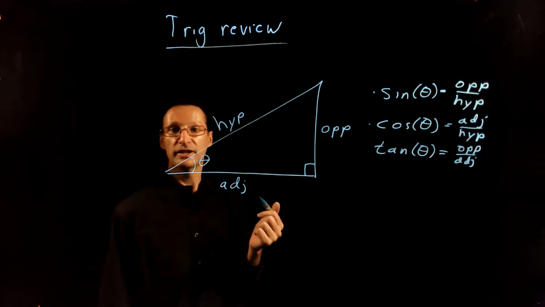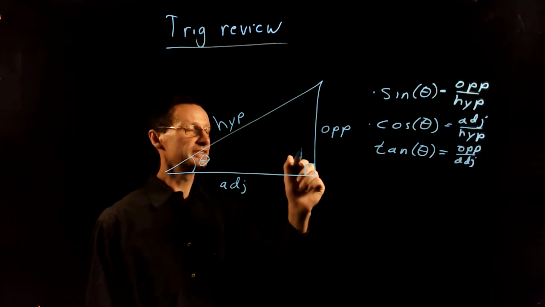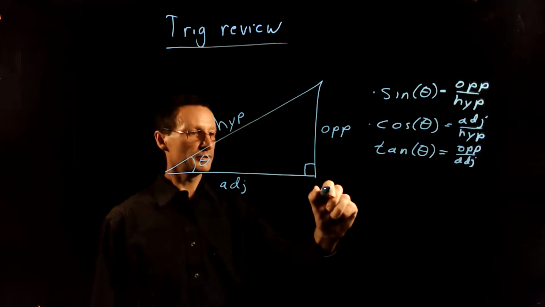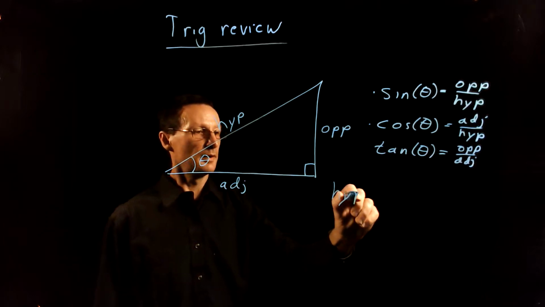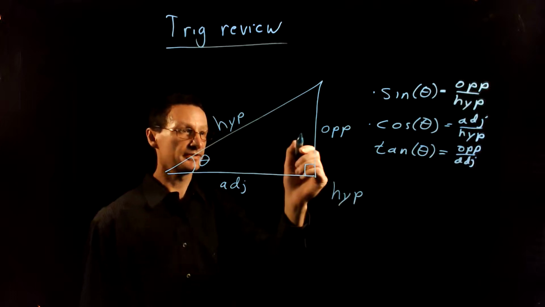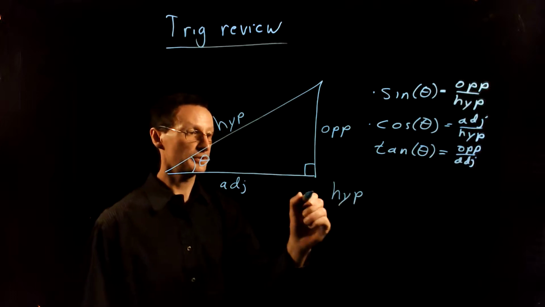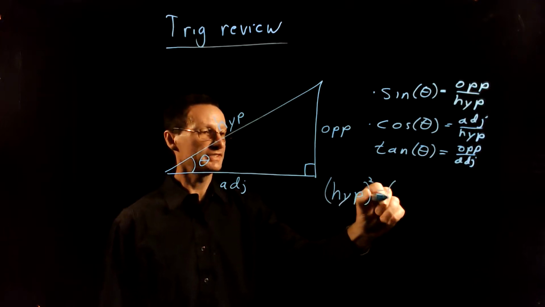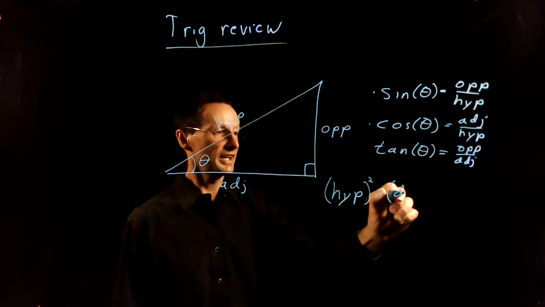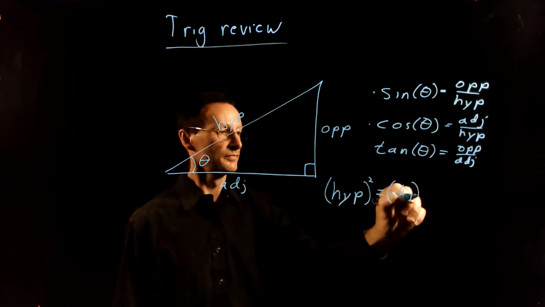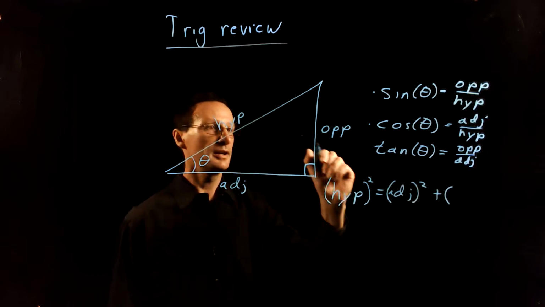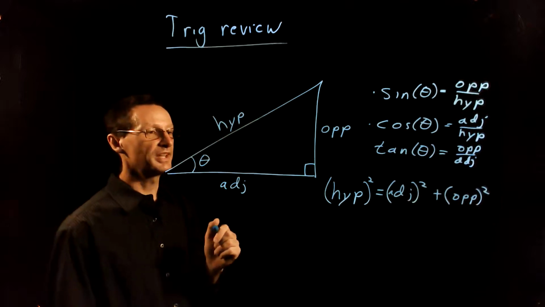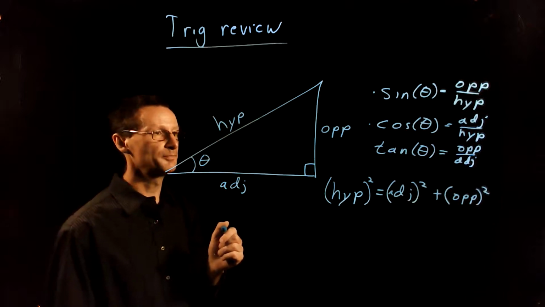One other thing that you're going to need to know is that since it's a right triangle, you can relate the hypotenuse to the lengths of the adjacent and the opposite sides directly using the Pythagorean theorem. So if I square the hypotenuse, that's equal to the adjacent side squared plus the opposite side squared. And that's just the Pythagorean theorem.